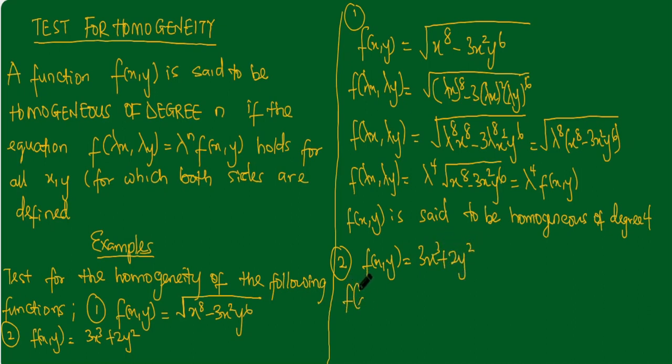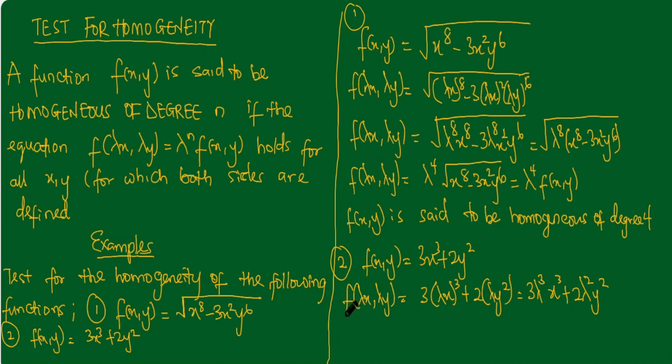So f of lambda x comma lambda y now becomes 3 into bracket lambda x cubed plus 2 into bracket lambda y squared. And this gives us 3 lambda cubed x cubed plus 2 lambda squared y squared.